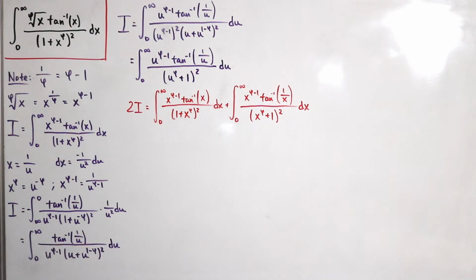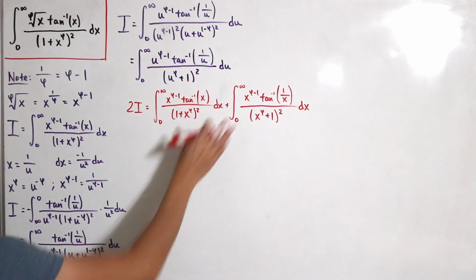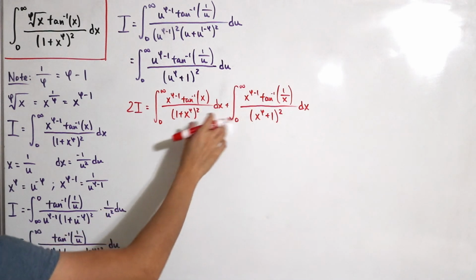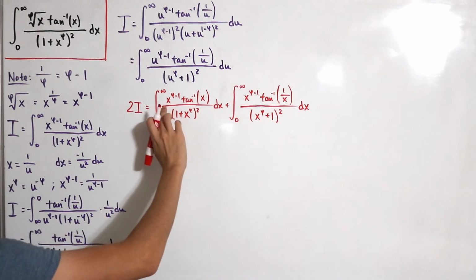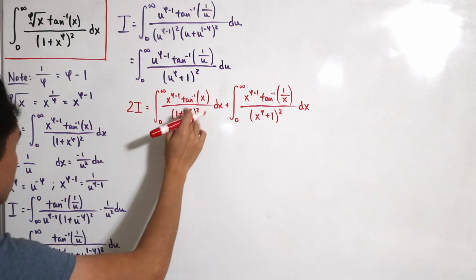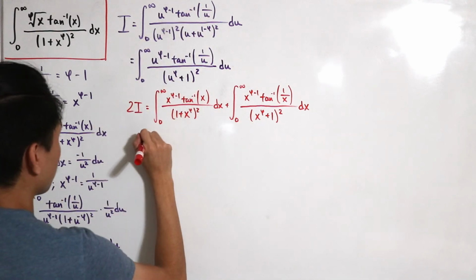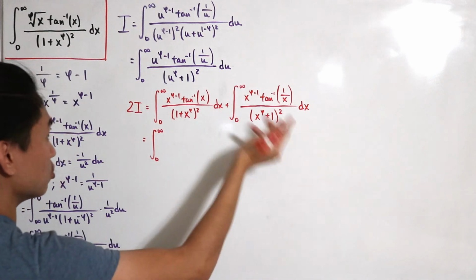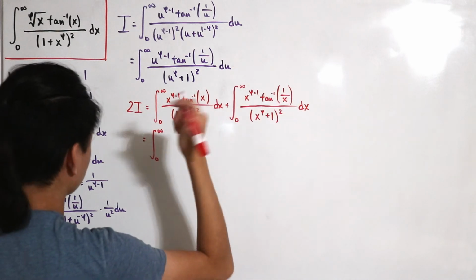Now what we can do is factor this out, specifically the x to the power 5 minus 1 divided by (1 plus x to the power 5) squared. They share the same bound, which is why we can do this, using linearity as well, which is also great.